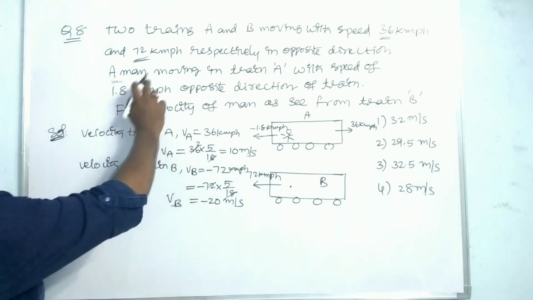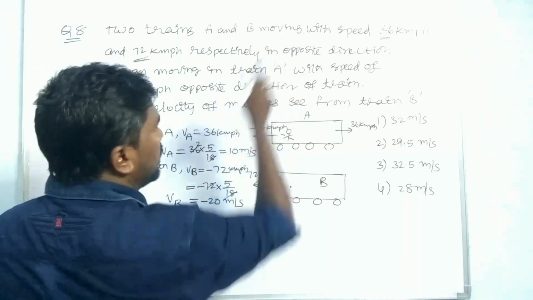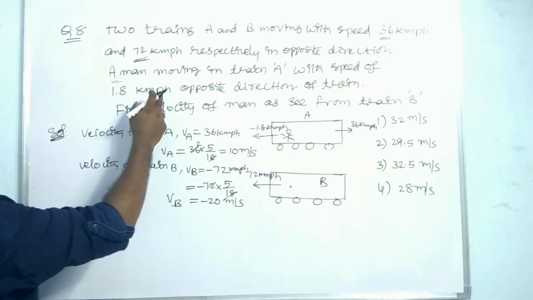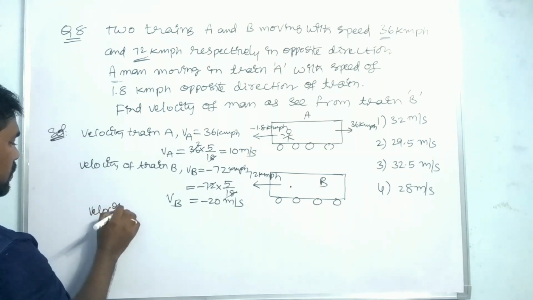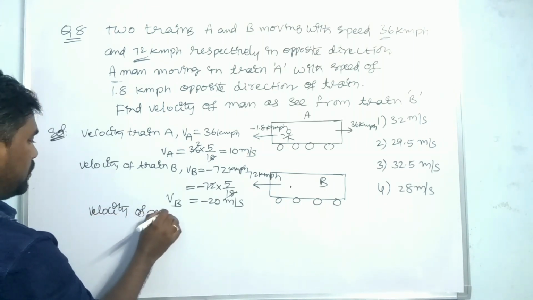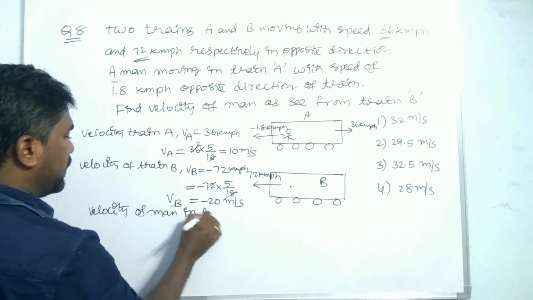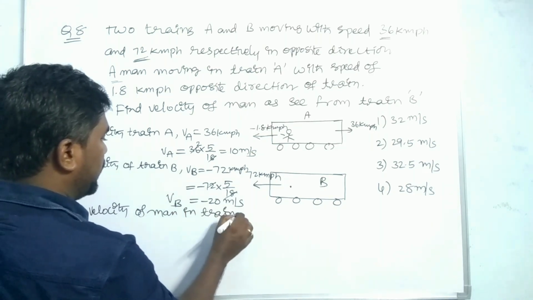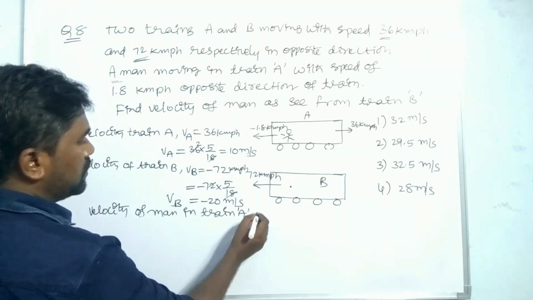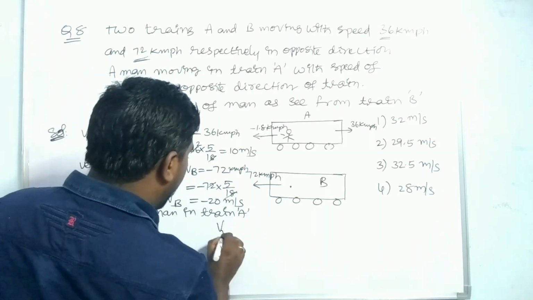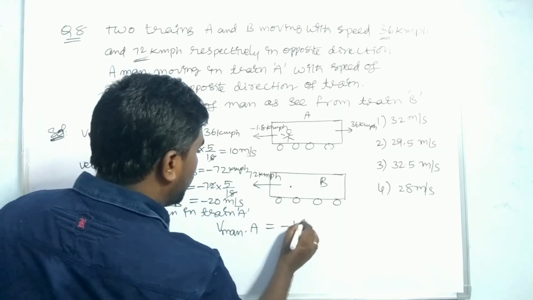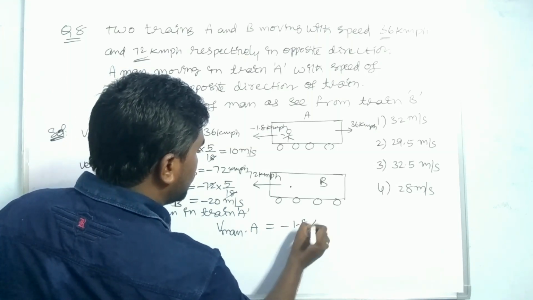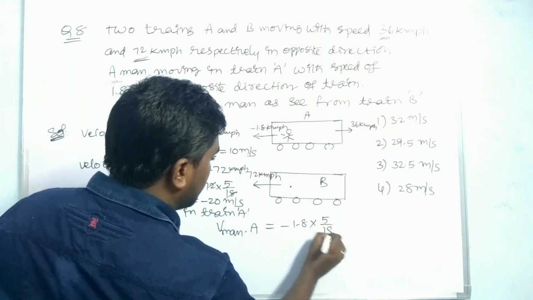Now, a man is moving in train A with a speed of 1.8 kmph. Velocity of man in train A: how much is it? V of man in A is equal to minus 1.8 kmph, into 5 by 18.